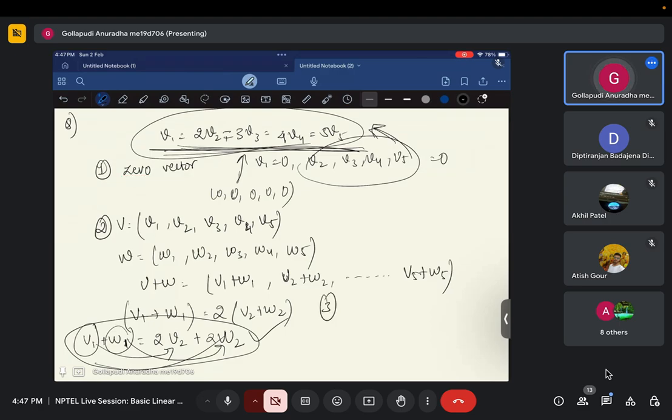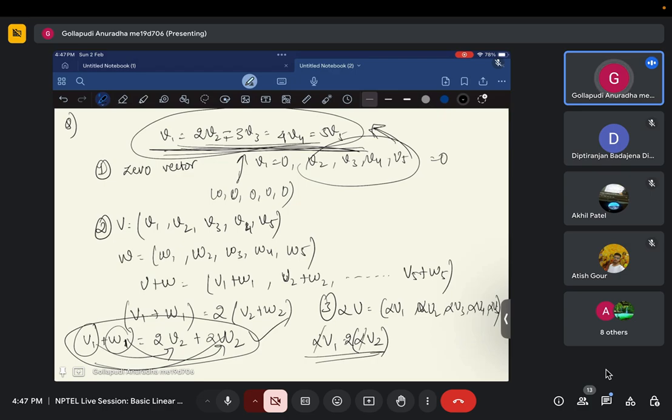And scalar multiplication, if you see, even for that, whether this condition is satisfied or not, yes, it will satisfy.